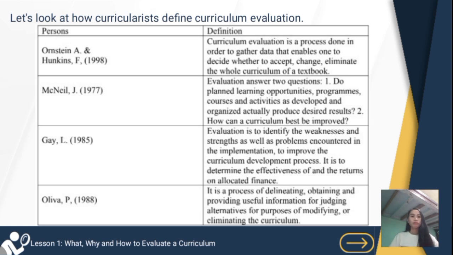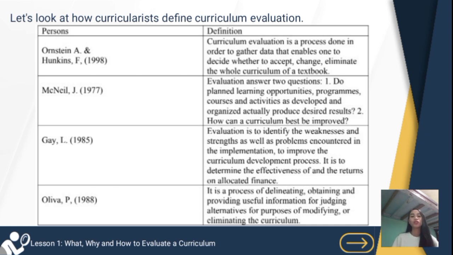So according to Ornstein and Hunkins, curriculum evaluation is a process in which you are gathering information, which is the basis to decide if the curriculum should be accepted, changed, or eliminated. So yun yung kay Ornstein and Hunkins.